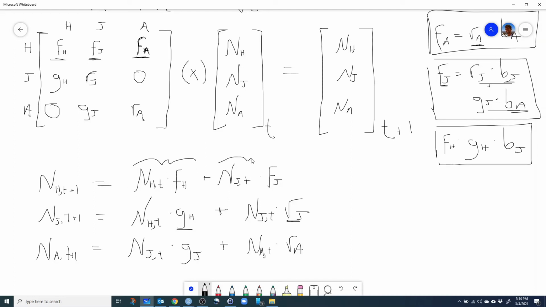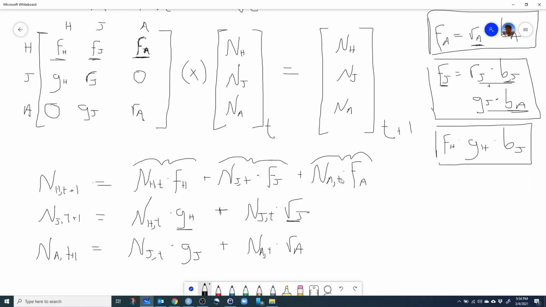That is the total number of hatchlings produced next year by those that are juveniles this year. And this, of course, take the number of adults this year and multiply that by the fecundity of adults. And that is the total number of hatchlings expected to be produced next year by all the adults in the population this year.